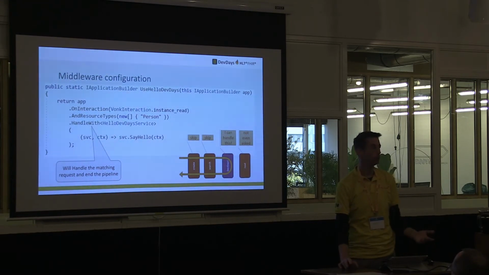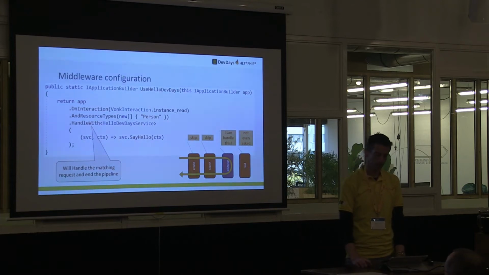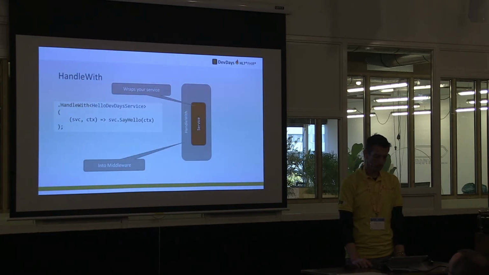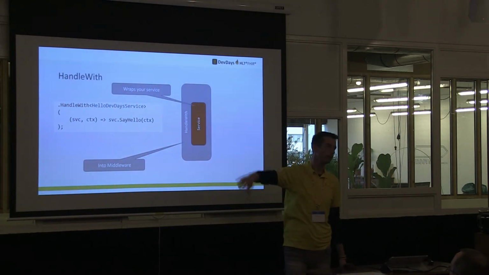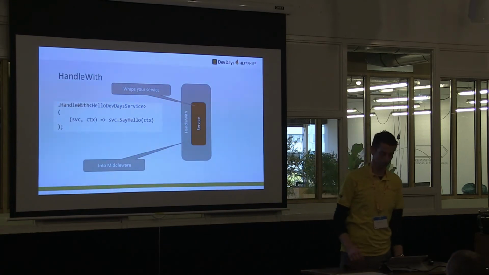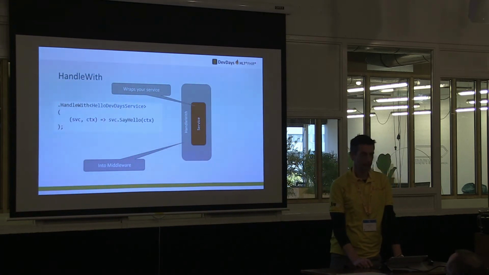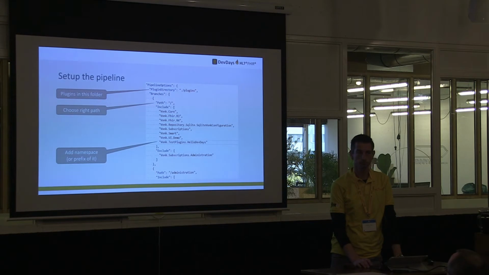That's exactly what we do here. We check whether it's hello, and then we respond. And that's what I said, the handle with eventually takes your service and wraps it into middleware that is known to ASP.NET Core. So you generally don't have to do that yourself. Is that kind of clear?